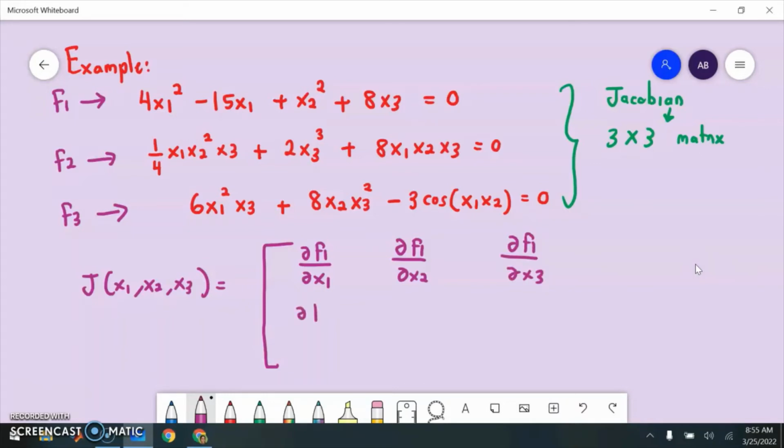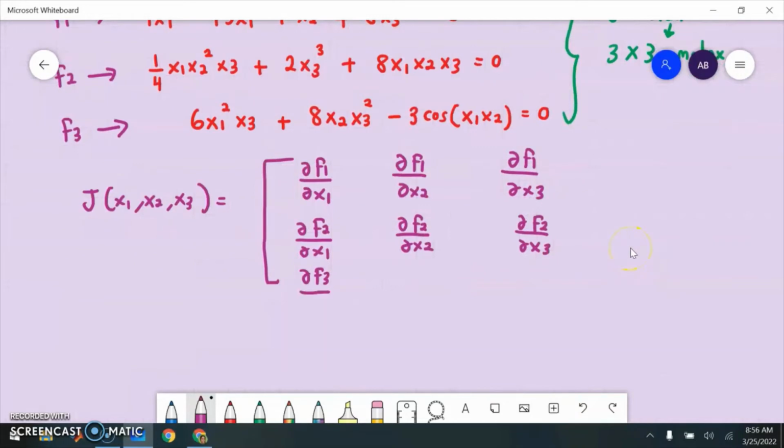And then the next one, function 2 with respect to x1, x2, x3. And lastly, function 3 with respect to x1, x2, and x3. So this is what my 3 by 3 Jacobian matrix looks like.